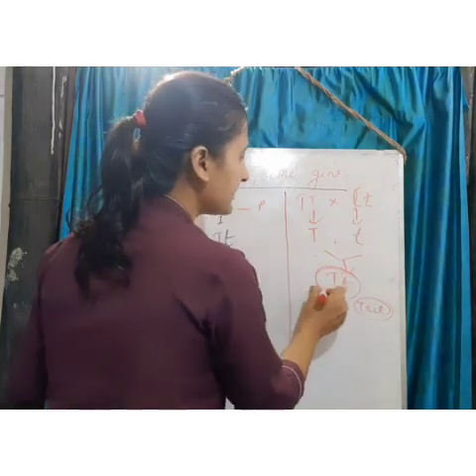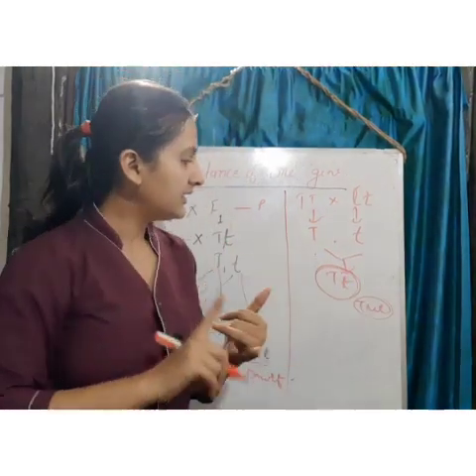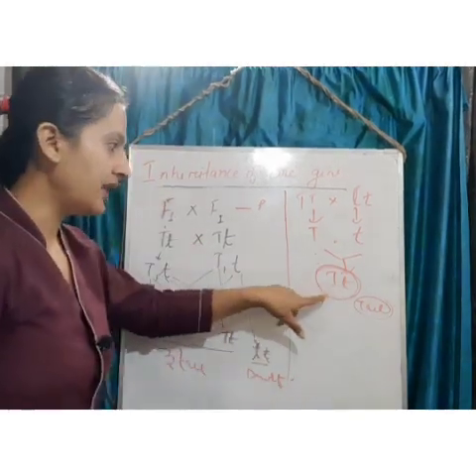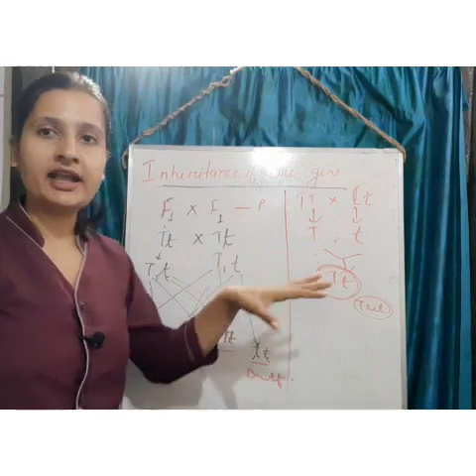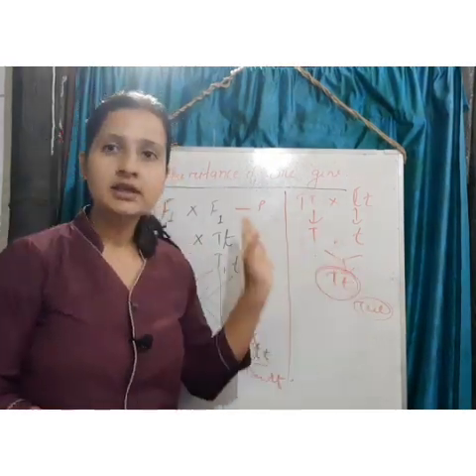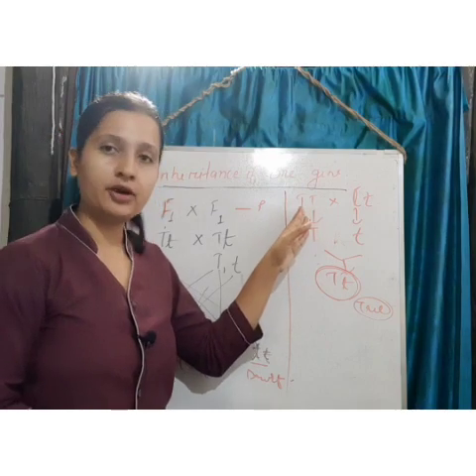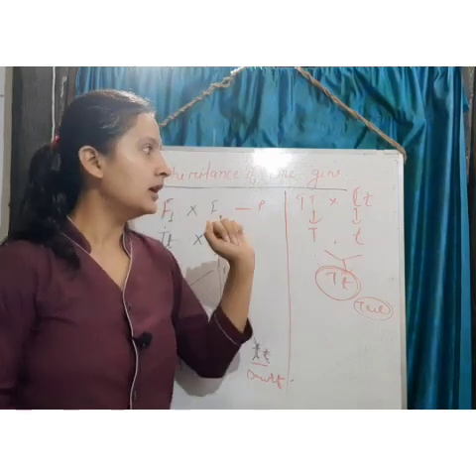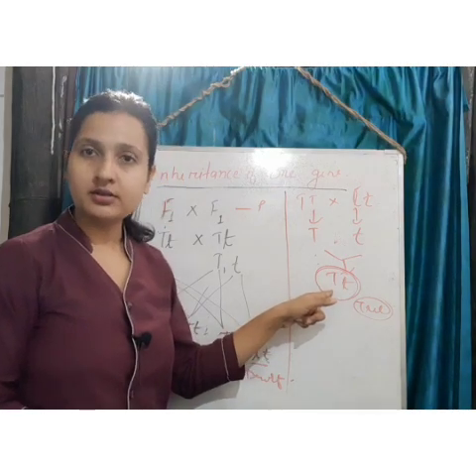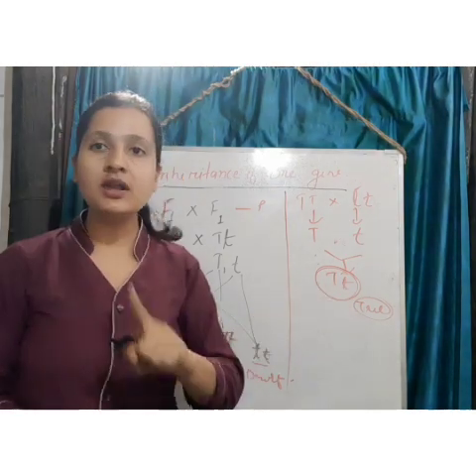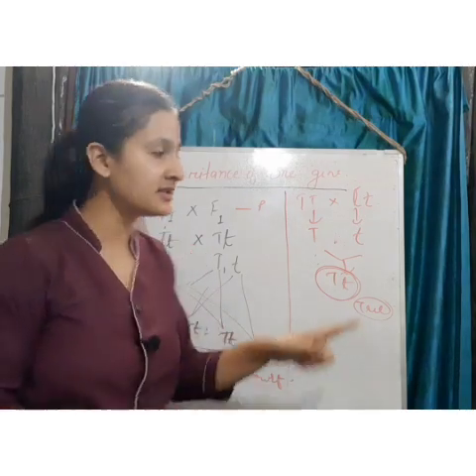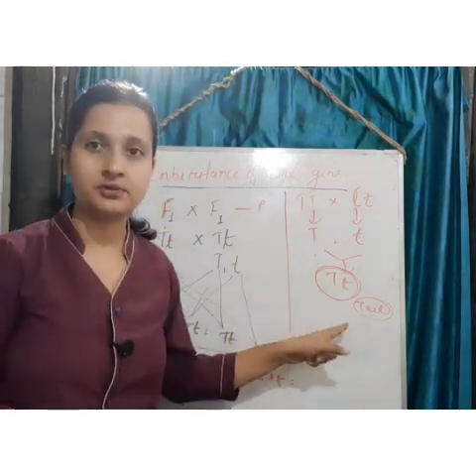Here we can see that the trait of only one parent is expressed, but according to the genotype, the height of the plant should be like average, right? Because it possesses both the traits, both the gametes of tall as well as dwarf, but the progeny were all tall. It means that the trait of only one parent is expressed in the first generation.